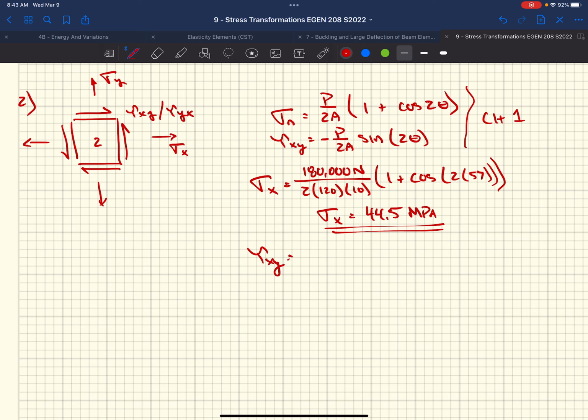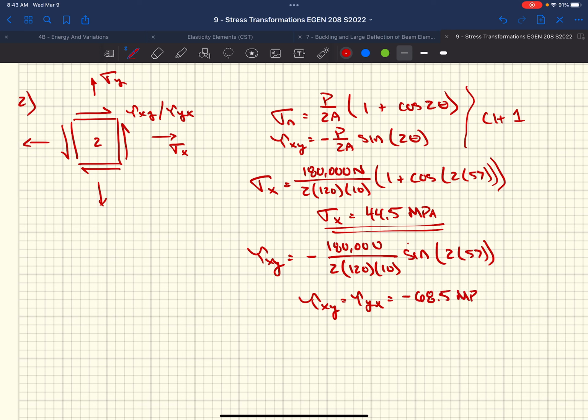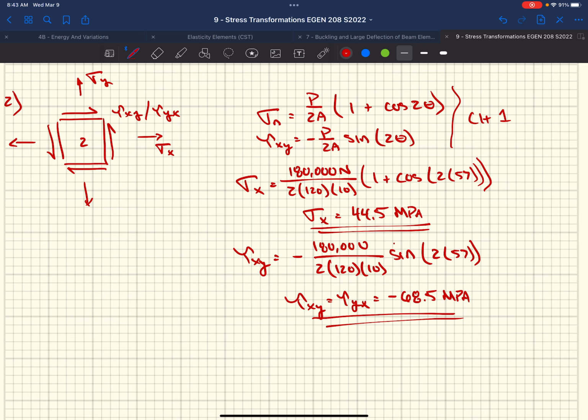Similarly, we just plug and chug here, throw in our negative 180,000 again, all over 2 times the area, 120 times 10, times the sine of 2 times 57. That equals negative 68.5 megapascals. What does that mean?